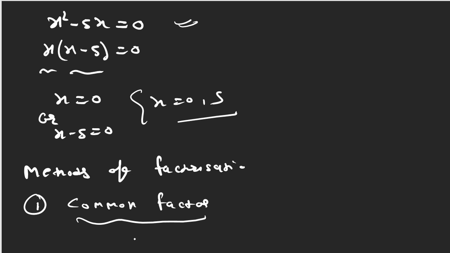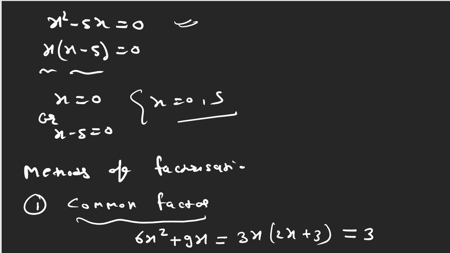I think you all have studied these factorizations. Suppose that we have the equation 6x square plus 9x. What is common between these two terms? 3x is common. So what will be left? 2x plus 3, giving 3x times 2x plus 3. And suppose that this is equal to 0.